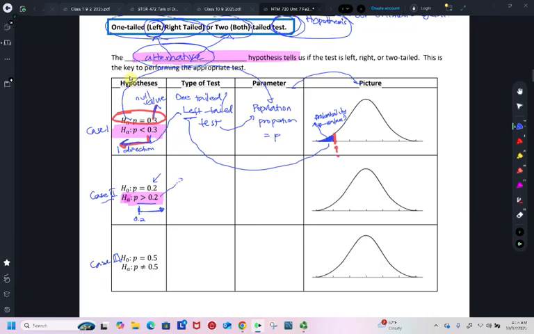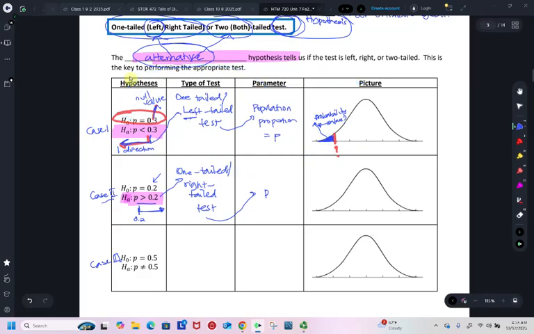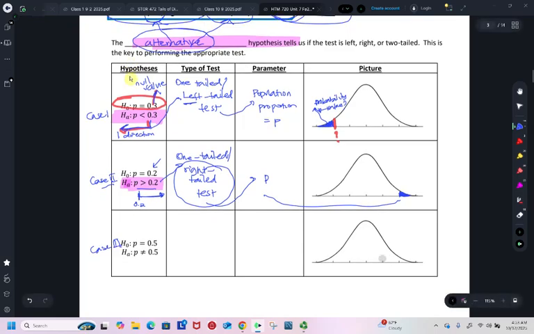So again, this is a one-tailed or right-tailed test in the forward direction about the population parameter P. And in the right-tailed test, later on, we're going to be computing a probability that would be a visual reflection of this hypothesis testing procedure in the right direction.